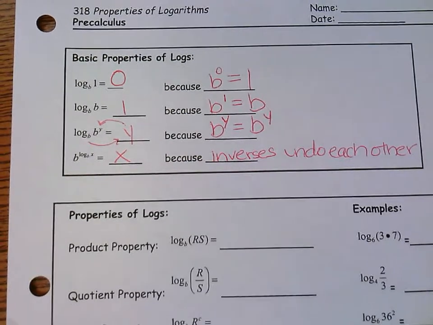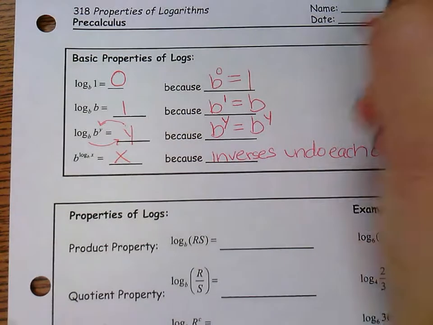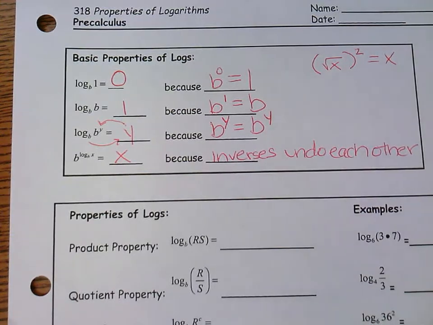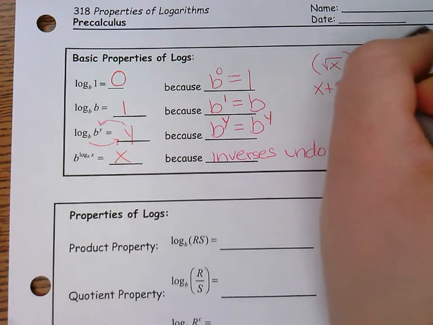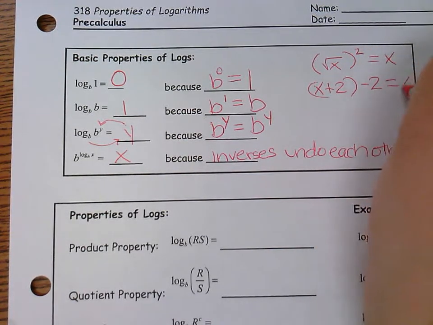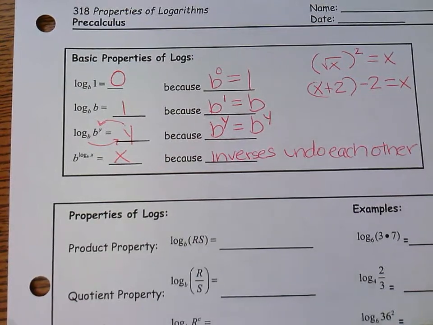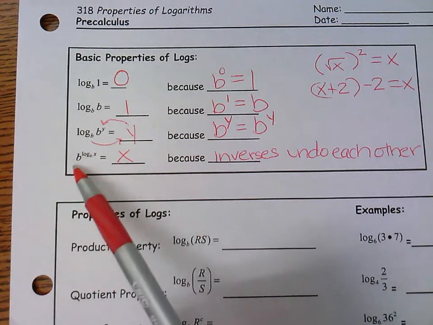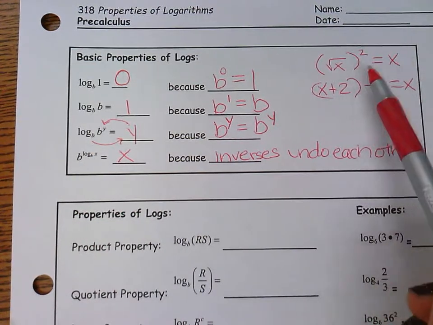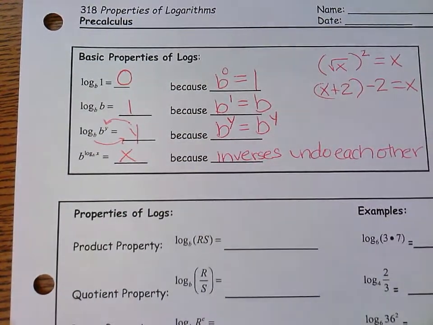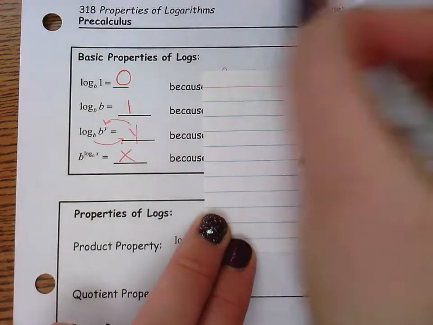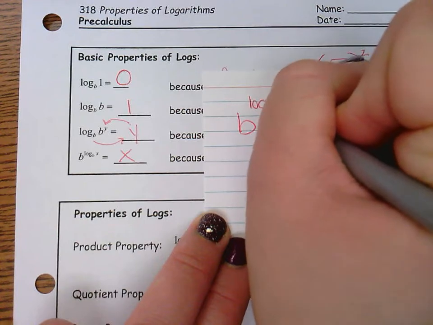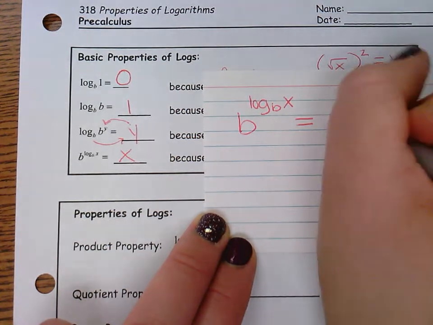So you know how, for example, square root squared would just give you x, or if you had x plus 2 and you subtracted 2, that would just give you x. The b and the log base b are undoing each other in this same way. You don't have to write this part down, but if I rewrote this as b raised to the log base b of x equals question mark.